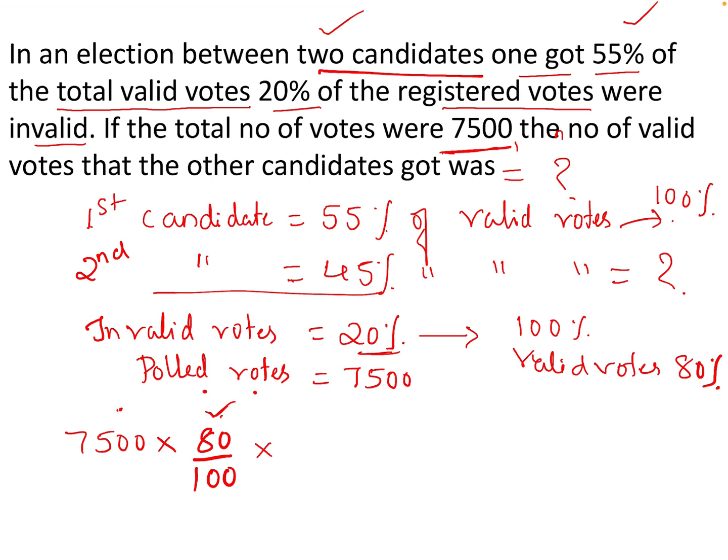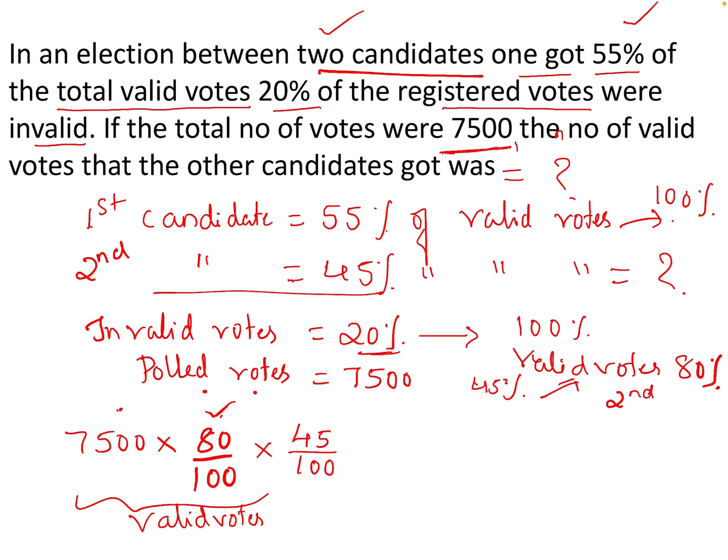Now they are asking how many valid votes the second candidate got. We know 45% of valid votes are got by the second candidate. So if this is the valid votes, then the second candidate got 45% of the valid votes.